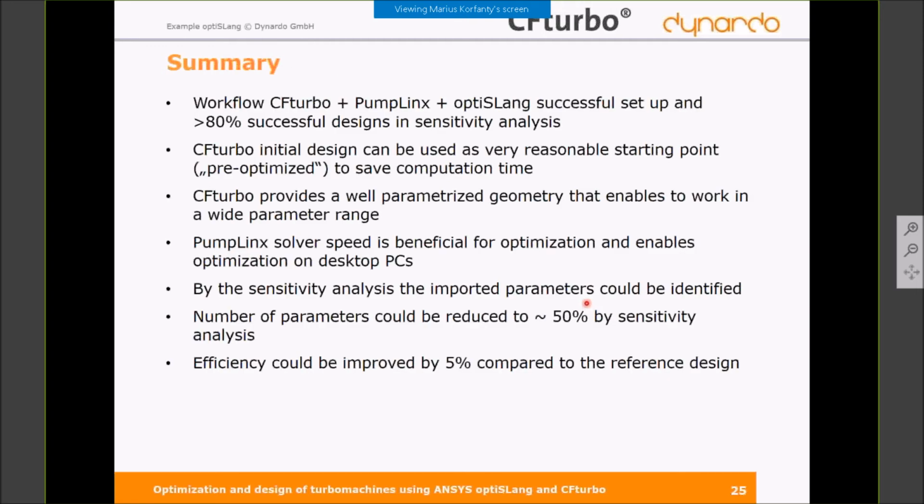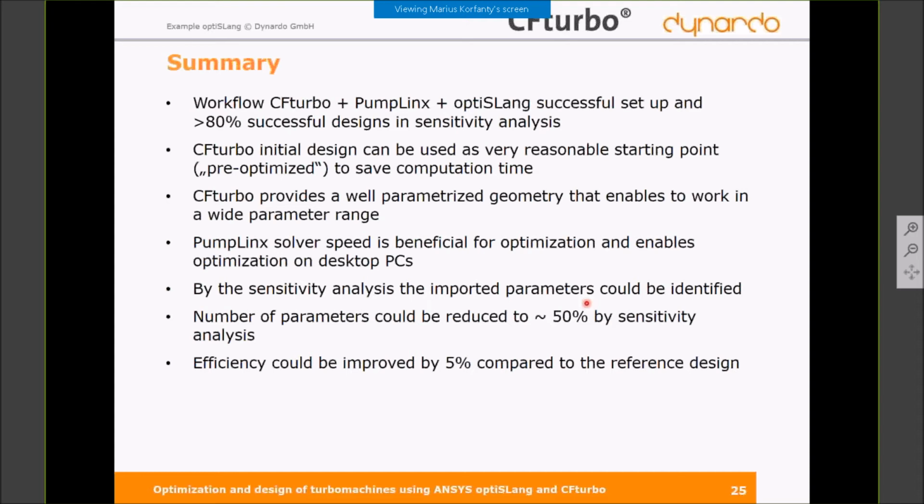So what we can conclude. The workflow, including CFturbo, pump links, and optiSLang, was successfully set up. CFturbo initial design can be used as a very reasonable starting point. CFturbo provides a well-parameterized geometry that enables to work in a wide parameter range.